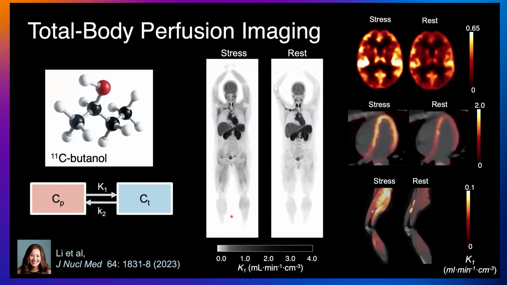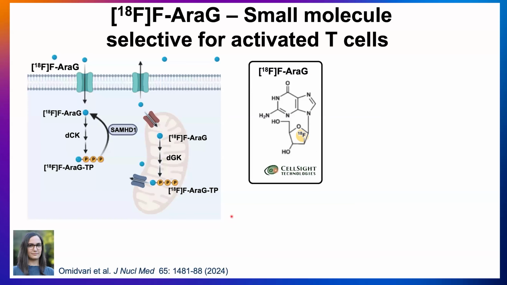We see changes, not surprisingly, in the musculature, in the limbs. We see changes in myocardial perfusion, and we see regional changes in brain perfusion as well. We can map all of that out. And I think this paradigm of activation studies with a baseline and some kind of intervention is a really exciting opportunity for total body PET research.